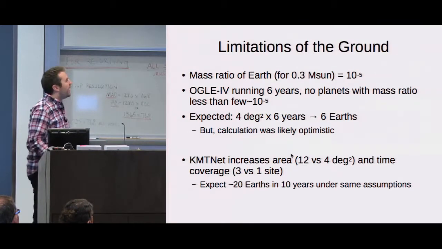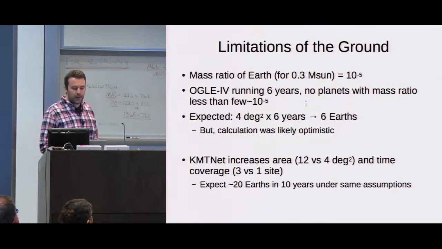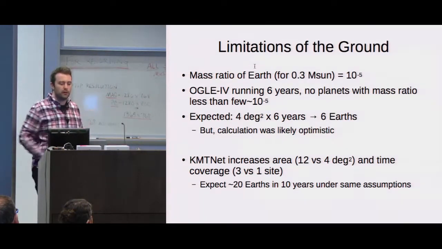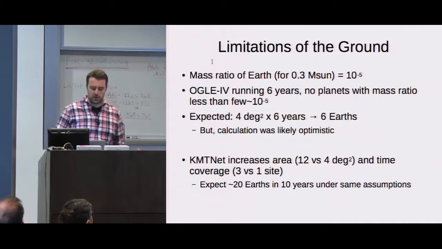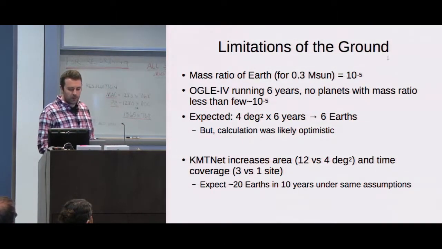So how does this compare? We've done an order of magnitude calculation, and we arrive at something that looks similar to the OGLE survey, at least what they can possibly achieve with the hardware that they have.